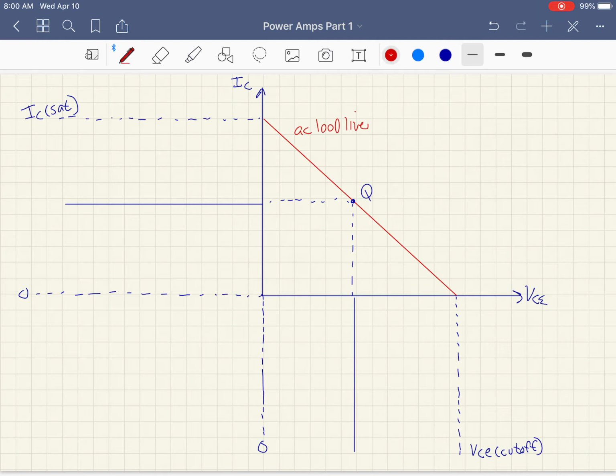All right, to get maximum positive and negative swing in my AC collector current, we want the Q point right in the middle of that load line. As the Q point shifts up and down the load line, it'll clip that AC signal. Okay, we'll look at an example of that in a minute. All right, we've got the same thing going on here with VCE. Maximum.